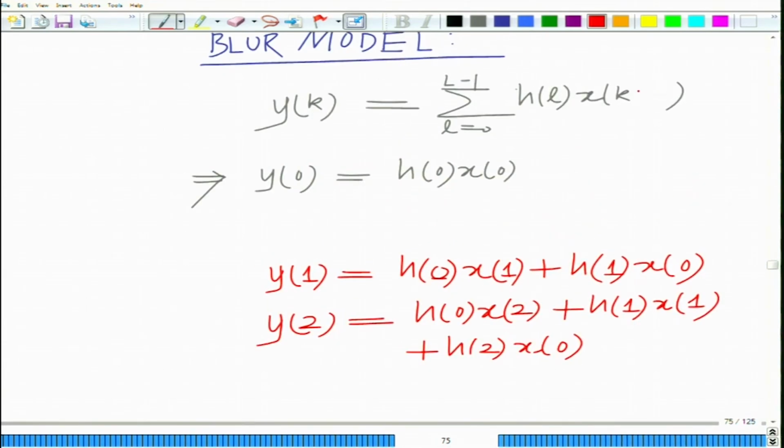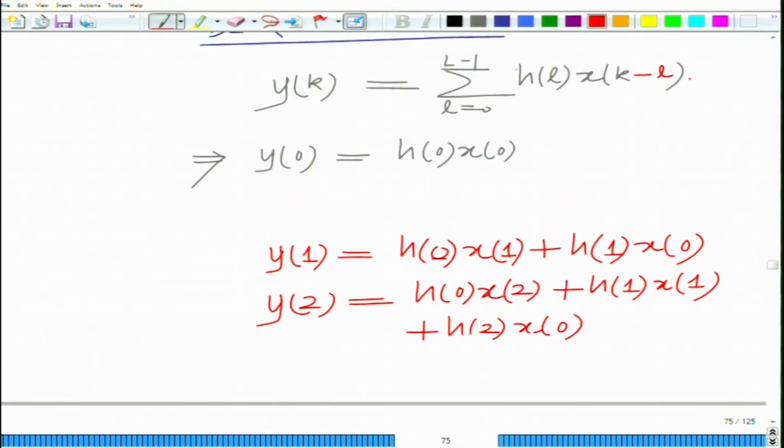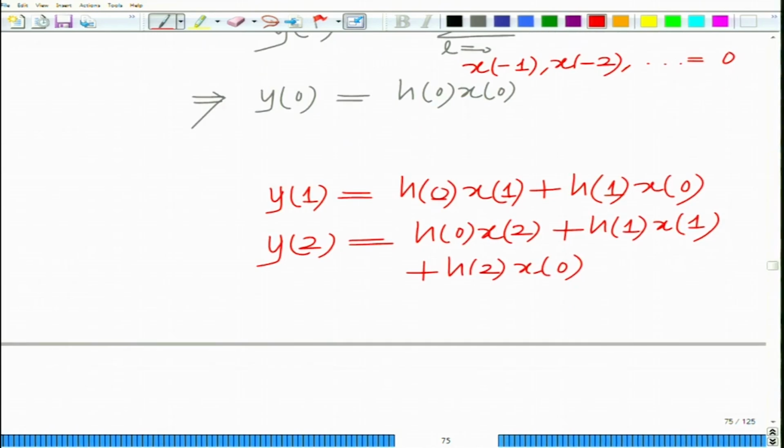So, you can write this as h of L x of k minus L, and you can assume that the past pixels, for instance x of minus 1, x of minus 2, and so on, equal 0. That is, this is a causal signal, a signal which is 0 for n less than 0.